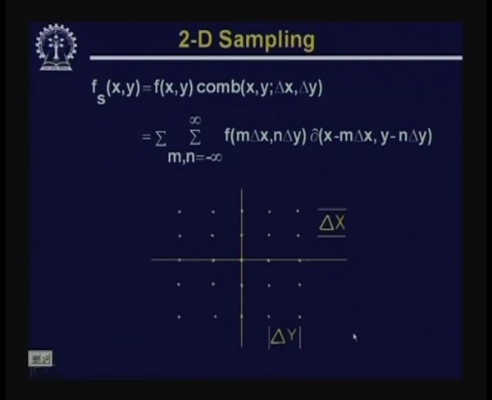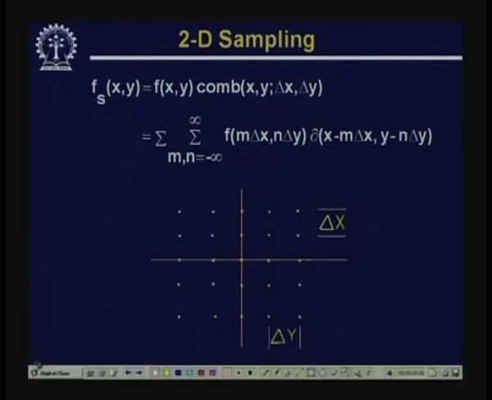Now, let us see what happens in case of two dimensional sampling, or when we try to sample an image. The original image is represented by the function f of x y.